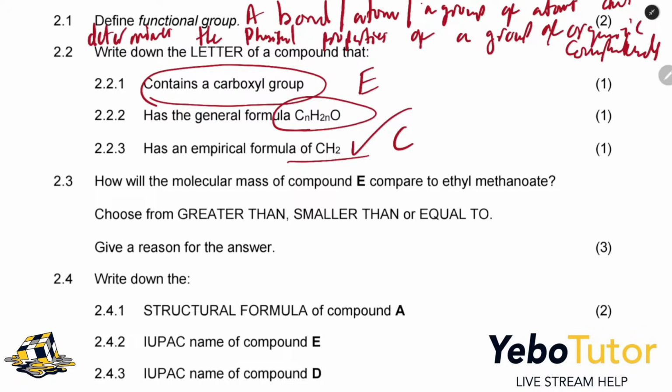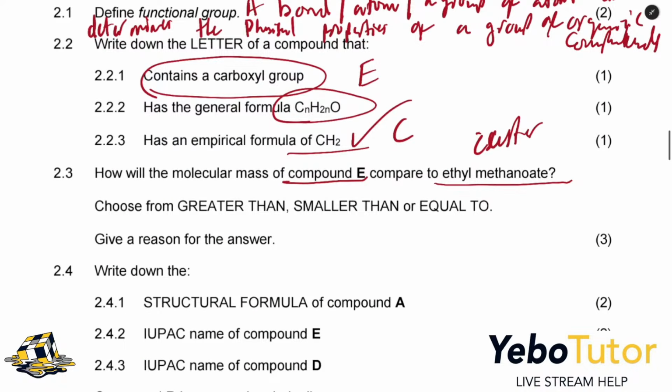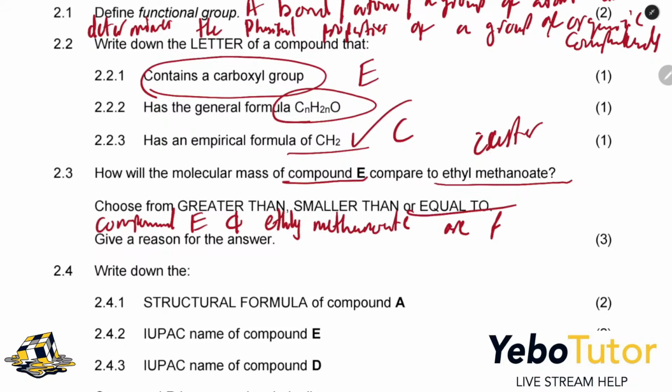Now, how will the molecular mass of compound E compare to the ethyl methanoate? This is now an ester, right? So I want to compare compound E to ethyl methanoate. Choose greater than, smaller than, or equal to. Definitely this is going to be equal to, because compound E and the ethyl methanoate are just functional isomers.